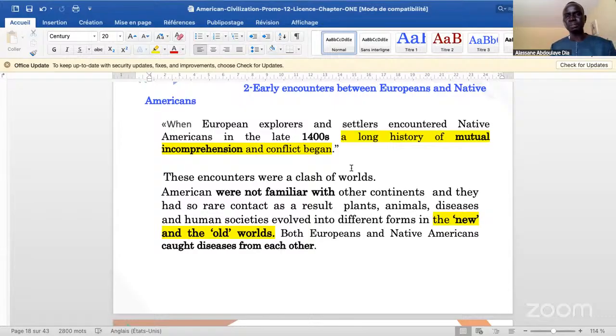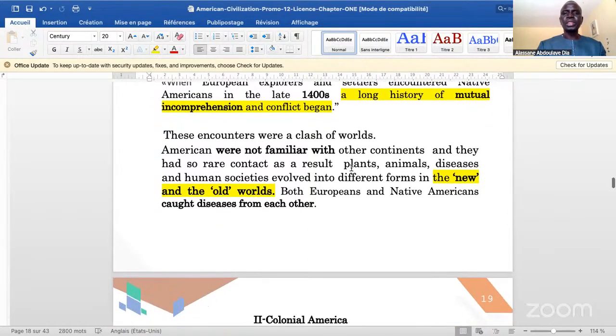I repeat, when European explorers arrived in America in the 1400s, a long history of incomprehension, it means miscomprehension, began. So it means they did not understand each other. So these encounters were a clash of worlds.